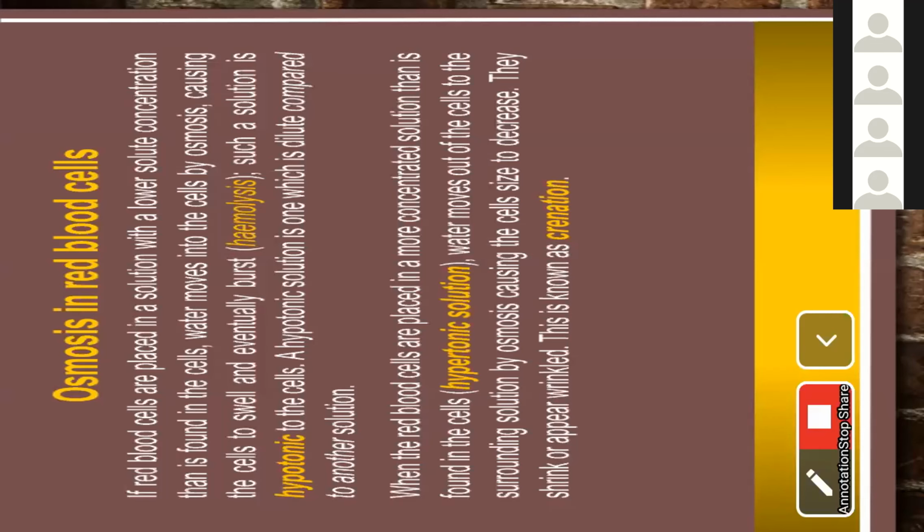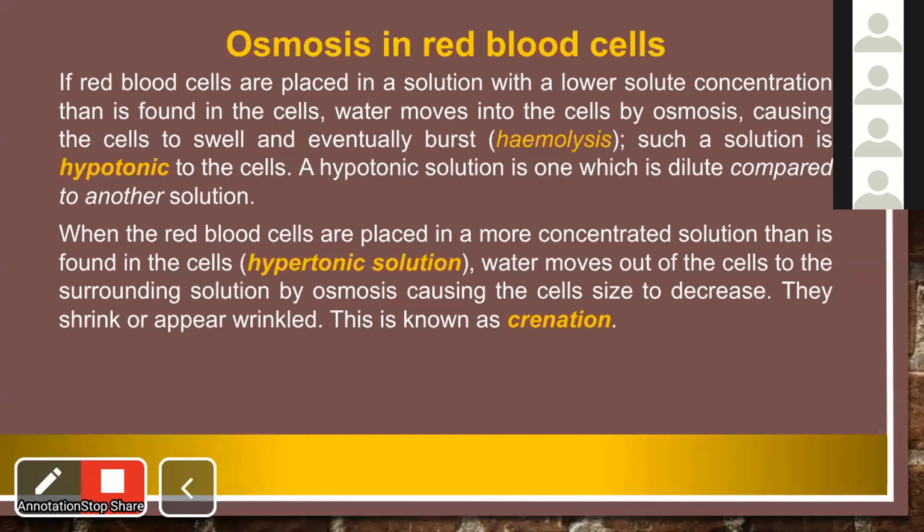And the term used here is that it gets hemolyzed. Then for the second circumstance, the cells are going to lose water, and then they will reduce in size, and then we say eventually they are crenated. Then there is the third scenario.